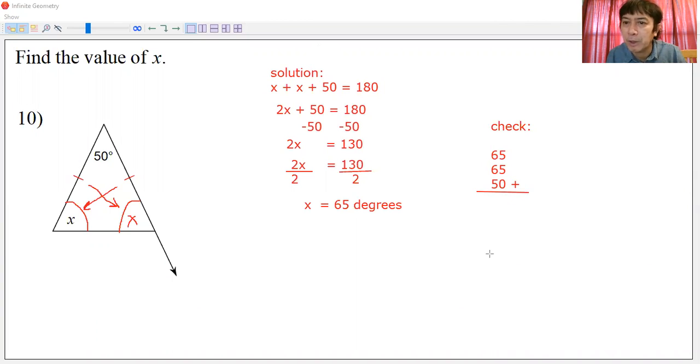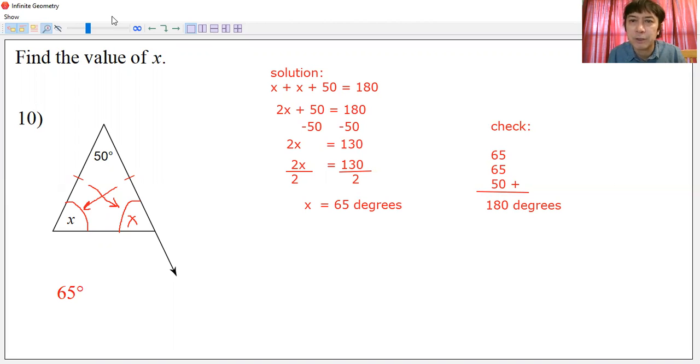That'll be 0, carry 1, and we have 6 and 6 and 6. So that's 180 degrees in total. So x equal to 65 must be the right answer, but we can always verify from the computer there. So it is 65 degrees. That goes to our number 10.